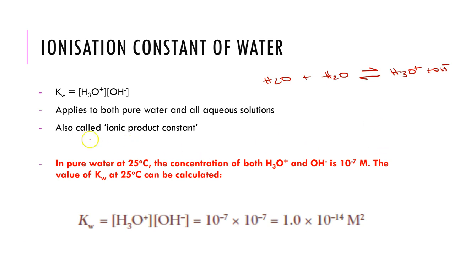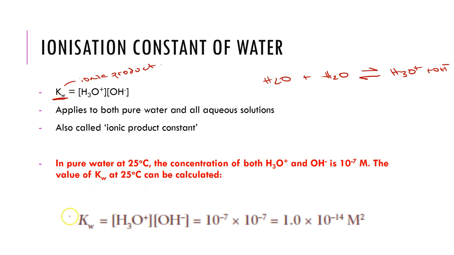The amount of this that occurs in solution is known as the ionic product of water, or the ionization constant of water, which is given here. Kw is equal to the concentration of hydronium ions multiplied by the concentration of hydroxide ions. This is a constant. It is given in your data booklet, so you don't need to memorize it.